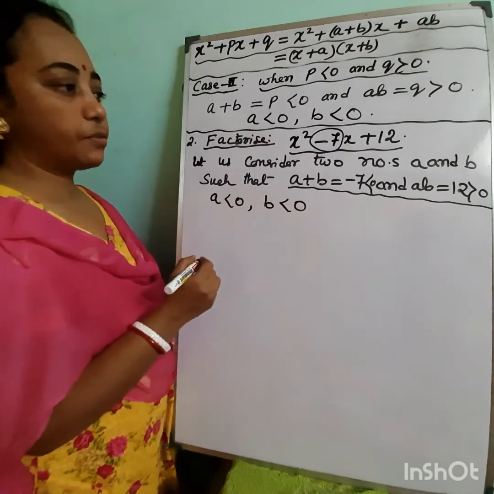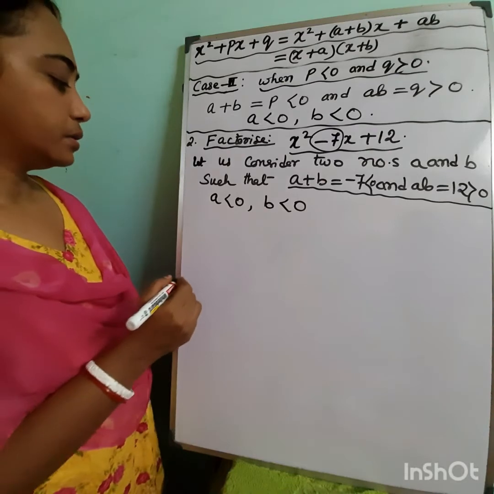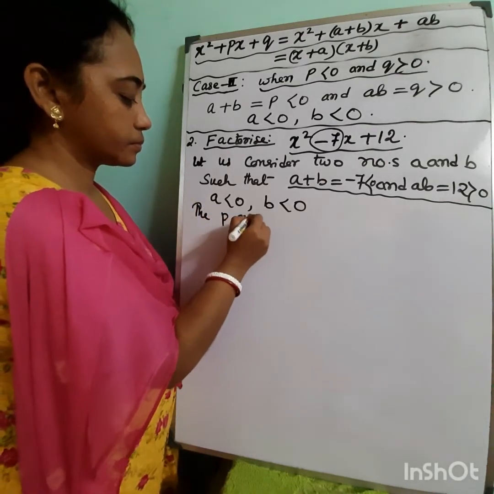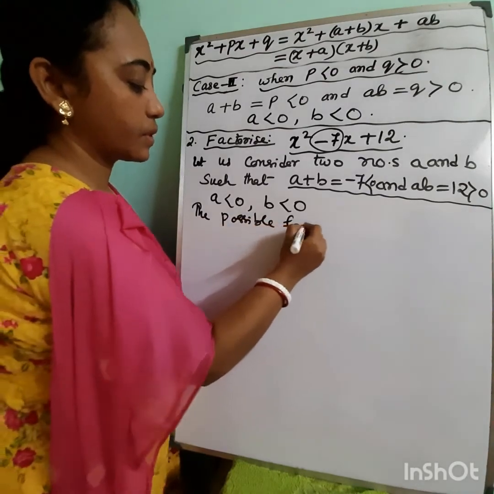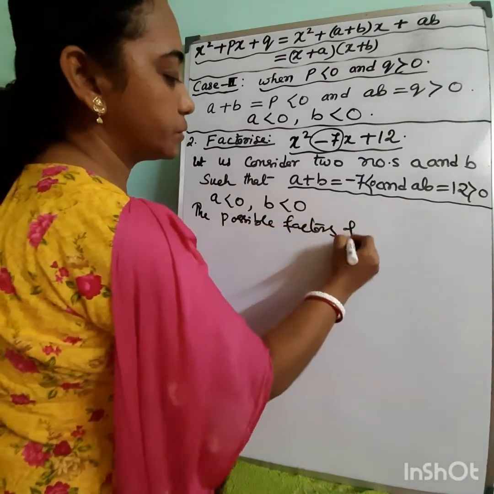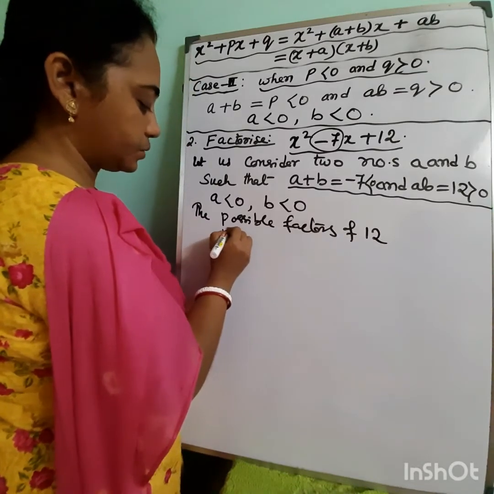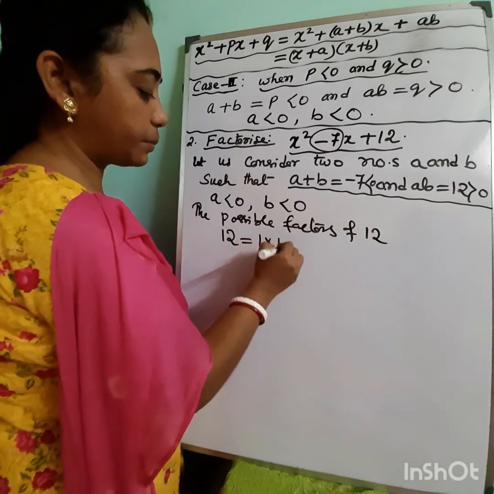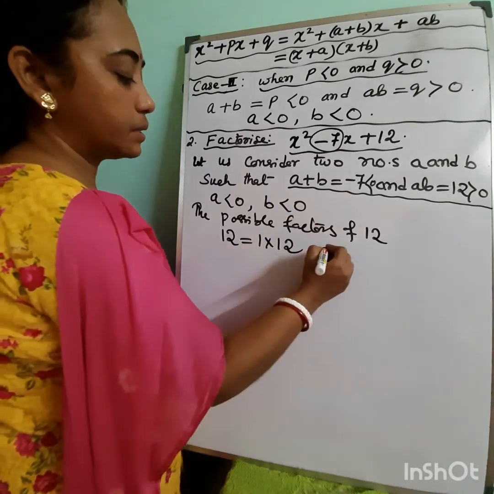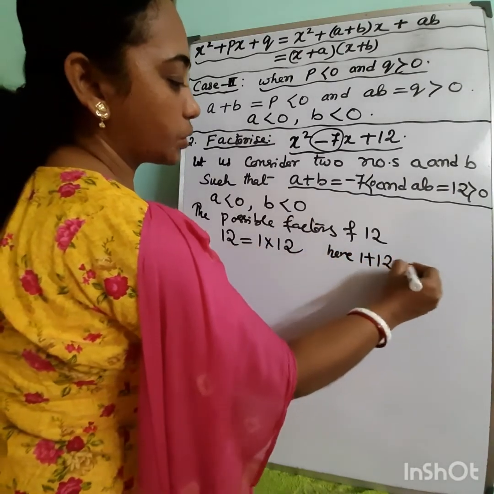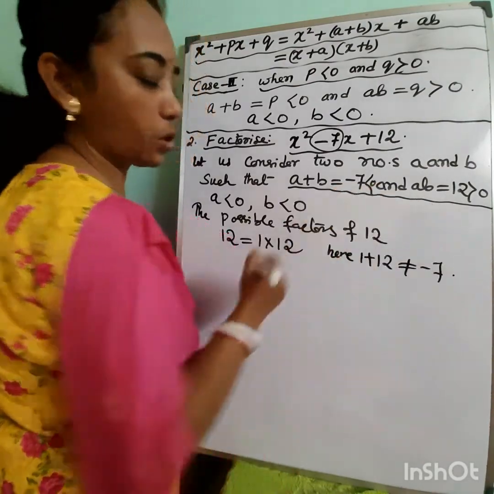So the possible factors of 12 are, 12 can be written as 1 multiplied by 12, but here 1 plus 12 is not equal to minus 7, so we will not consider this.